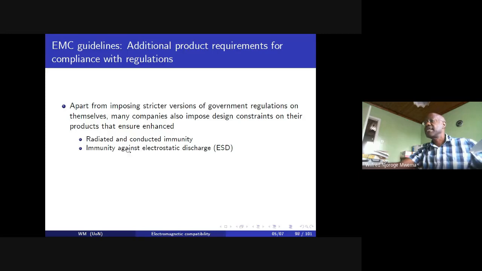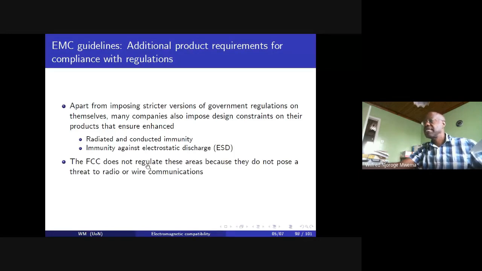Also immunity against electrostatic discharge, that is any discharge that would come, say, from lightning or dielectric breakdown. The FCC does not regulate these areas because they do not pose a threat to radio or wire communication systems, and hence individual manufacturers are left to create their own standards for these cases.